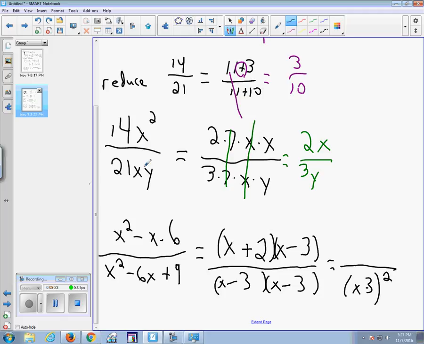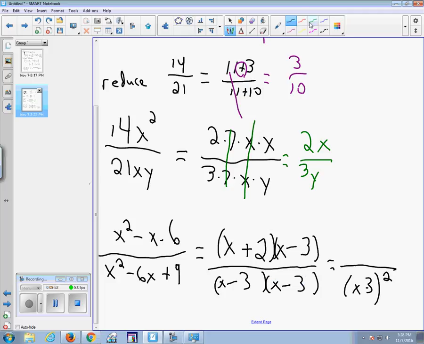Notice up here I had an x squared over x. It was easier to cancel that by literally writing it out and canceling. And we could say exponent rules 2 minus 1 is 1, so I have x to the first here. Exponent rules get harder to implement when we're dealing with binomial factors. Easier to just write it out, x minus 3, x minus 3.